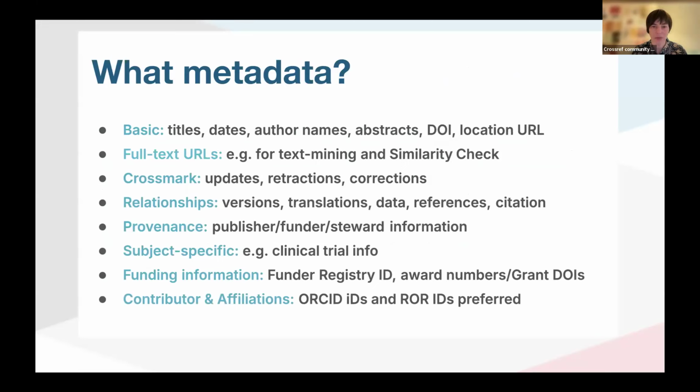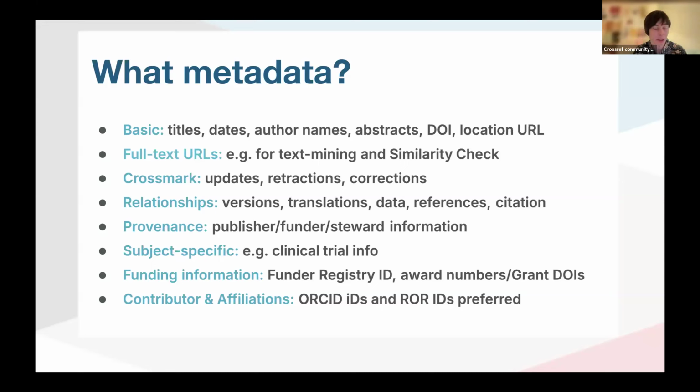So what metadata can you register with your records? The basic bibliographic metadata, of course, like titles, dates, authors, and abstracts. But also the full text URLs for text mining and Similarity Check if you happen to use that service. You can use our Crossmark service, for which you would record your updates, retractions, and corrections, and you would need to have a policy on how those are handled as well to be able to participate in Crossmark.